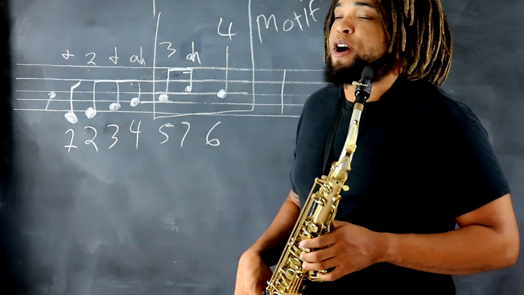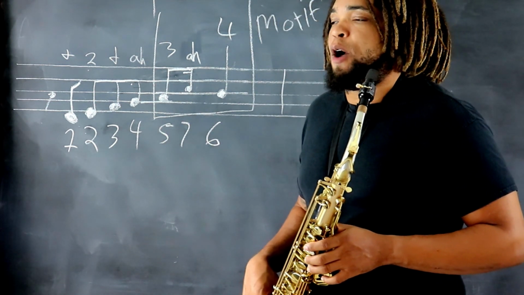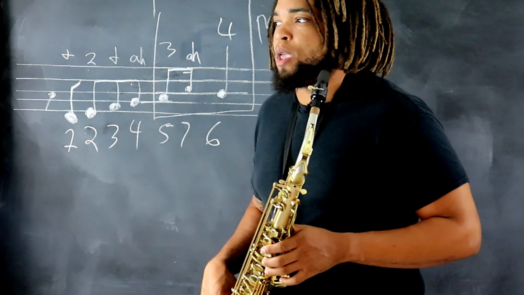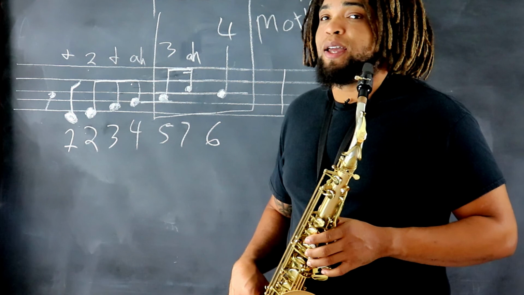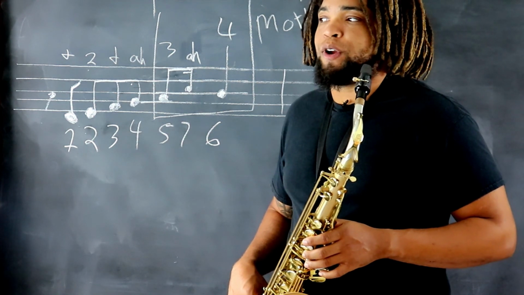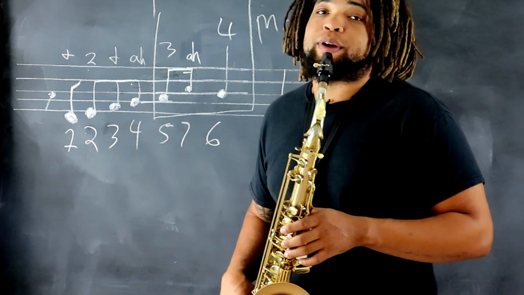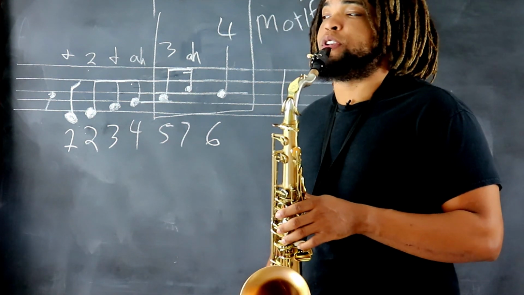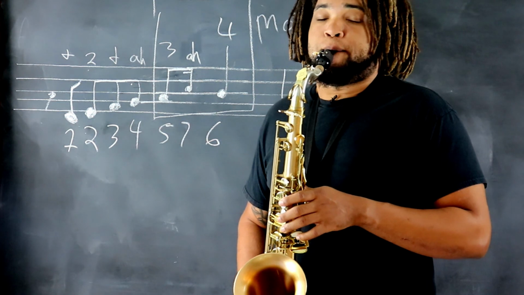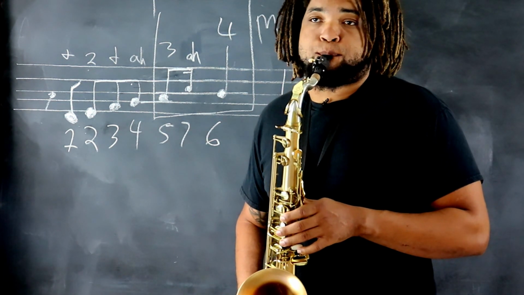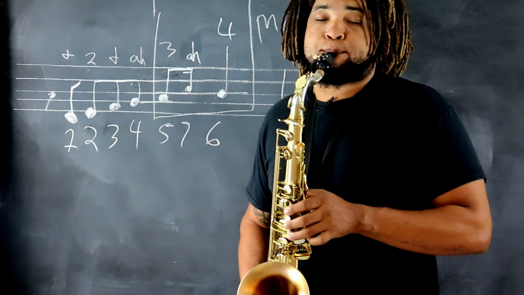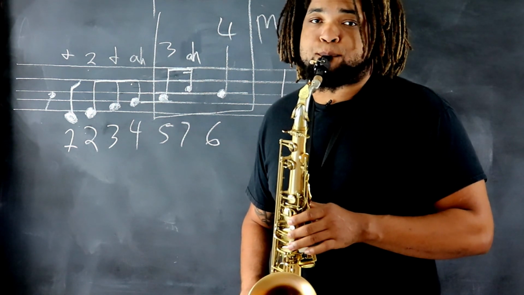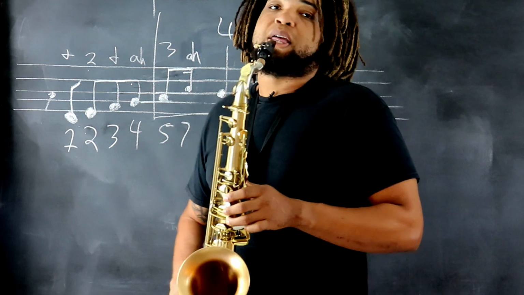Now, as we talked about in the previous video, when we covered an improv that I was doing over Autumn Leaves, we can also play this in major thirds as well. We can do that going up. So I'll just play it in the scale series going upwards to hear how that sounds. One more time.